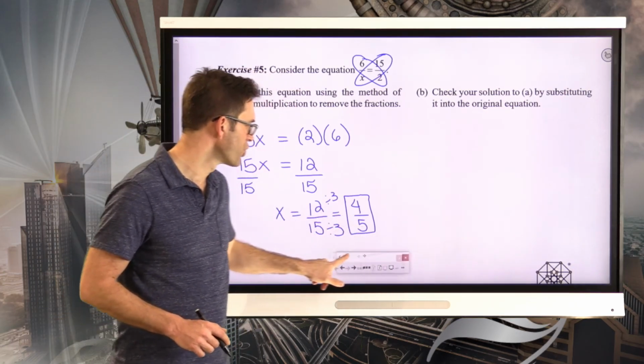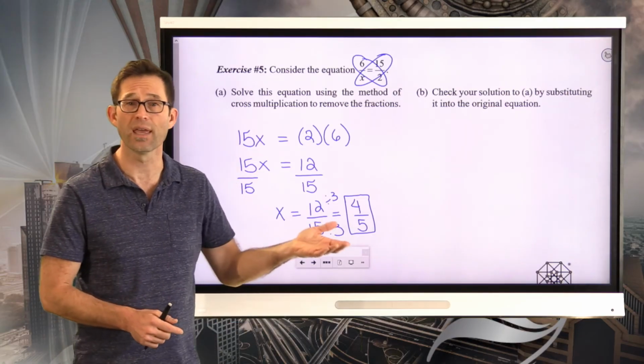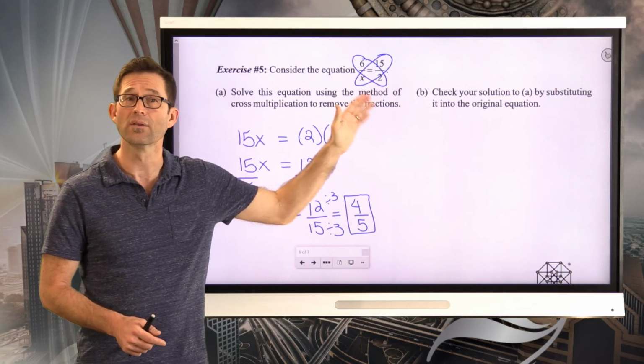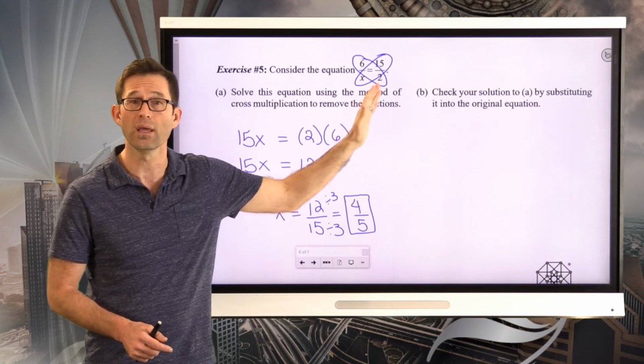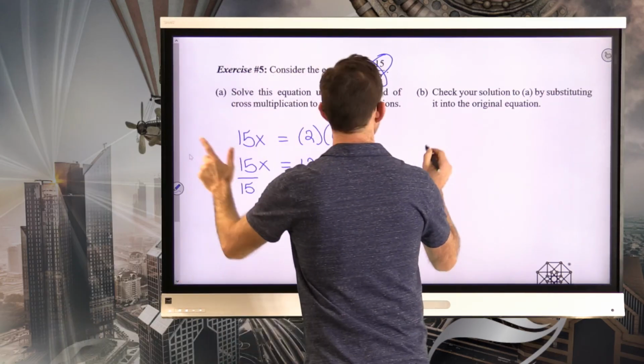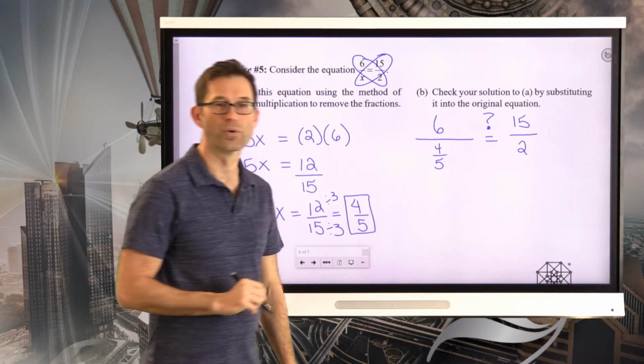Remember, we should always be able to check our solutions to equations by simply taking the answer, putting it back into the original equation, and seeing, does the left-hand side of the equation equal the right-hand side? So truly, the question here is, if I put 4/5 back into this equation, is it true? Is that a true equation?